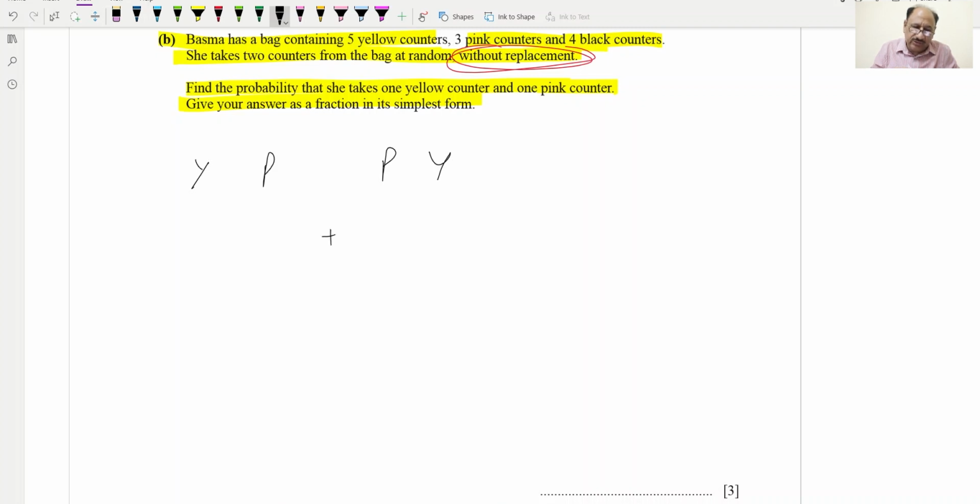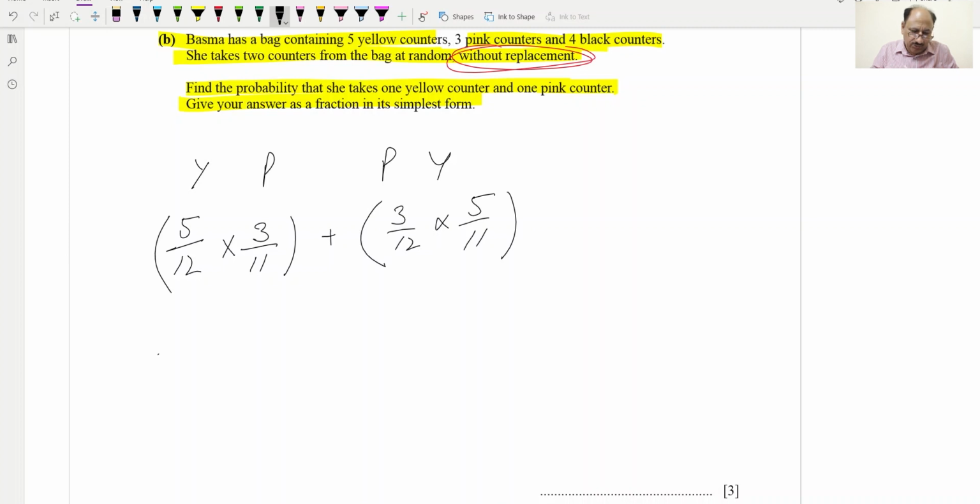For yellow it is 5 by the total, which is 5 plus 3 plus 4, 12, so 5 by 12, and for pink, 1 is already gone, so 3 are the pinks and the total is 11. So this is the probability for this one. If pink is first, then it will be 3 by 12, and yellow will be second, so it will be 5 by 11, because one is less without replacement. You can write this as 2 into 5 by 12 times 3 by 11, it's the same thing.